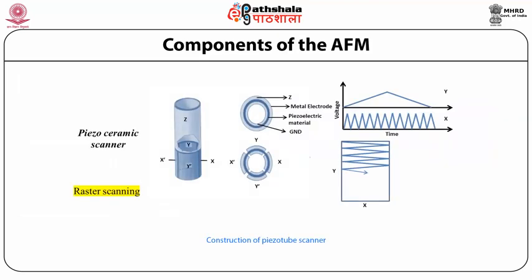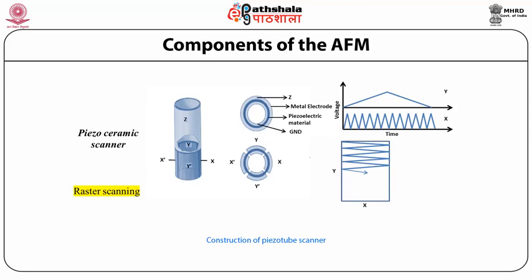Raster scanning. A series of voltage ramps are created by the X, Y signal generators to drive the X and Y piezoelectric ceramics in the piezo tube scanner of AFM, which is shown in figure 6.